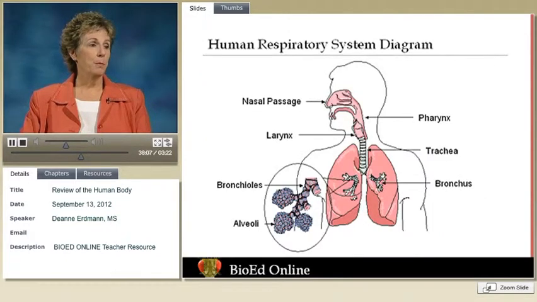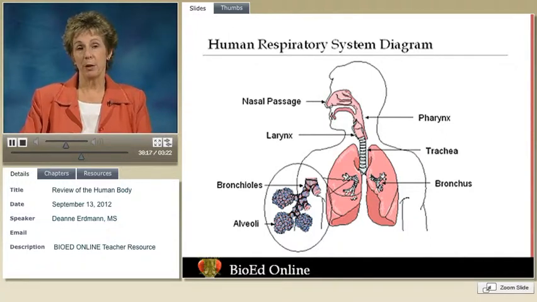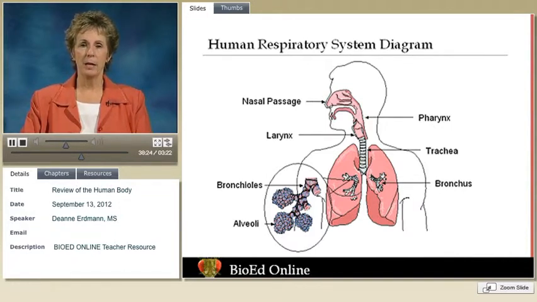Let's take a look at the human respiratory system, a diagram, and I might mention that a lot of people take it for granted that we're breathing in air, we call it oxygen. Really, there's only about 21% oxygen. If you take a number of rapid breaths in a row, you oxygenate your blood, and you end up having too high a concentration and actually can become a little bit dizzy.